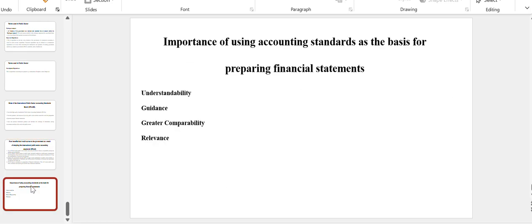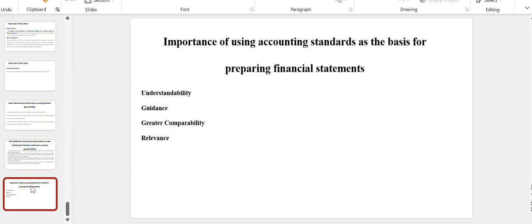And then lastly, the importance of accounting standards as a basis for preparing financial statements. It is because it enhances understandability of the elements of financial statements.